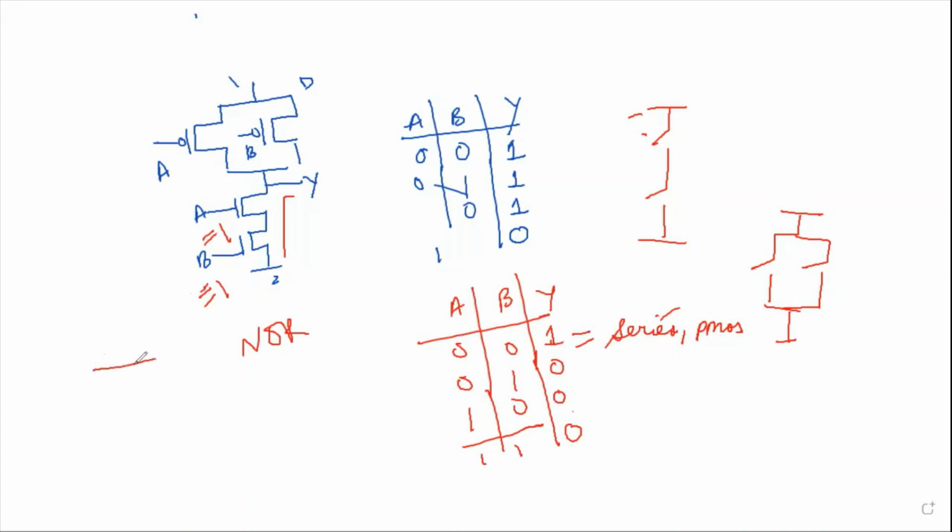This gives me the clue how to make my NOR gate. So PMOS in series, and since NMOS is going to be complementary to each of these PMOS, it means the NMOS are going to be in parallel. So this is A.